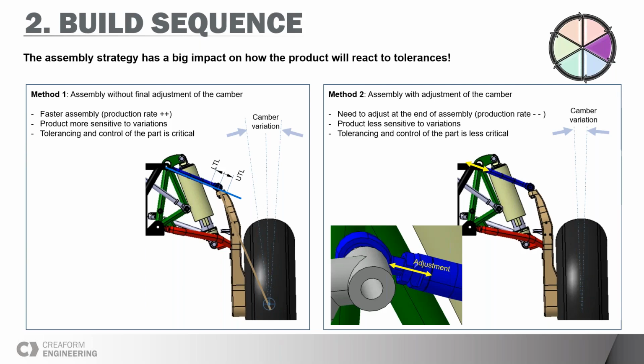In the second scenario, we have the luxury of adjusting the blue parts. So it will make the whole assembly a lot less sensitive to the variation since you can adapt each one individually, but you will have to plan for a station where this adjustment will take place. And you might even have to design some kind of special tooling to do that.